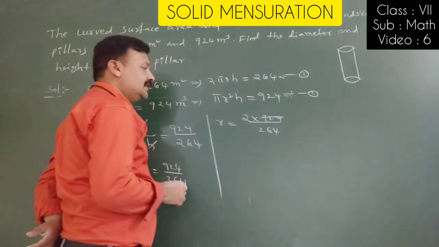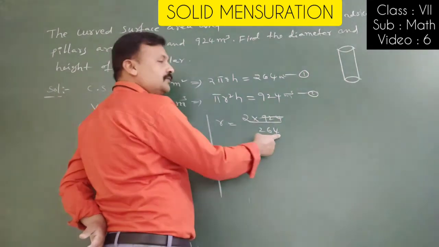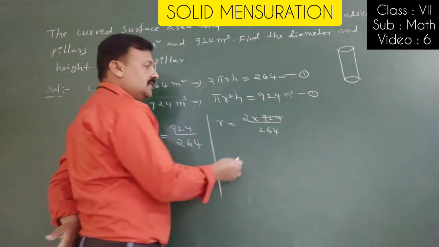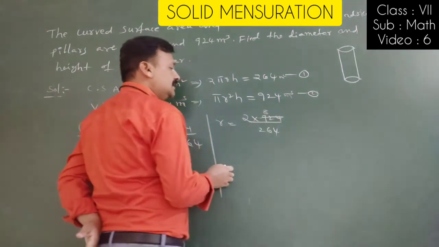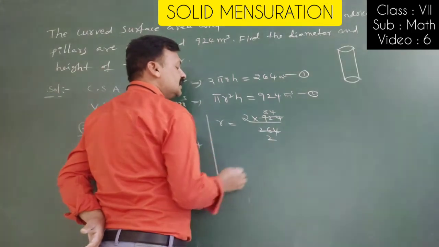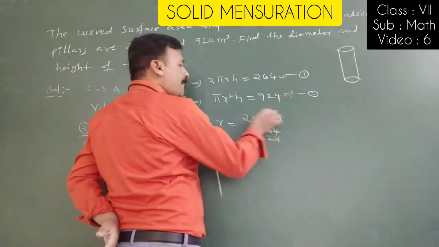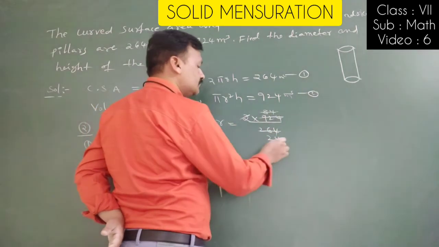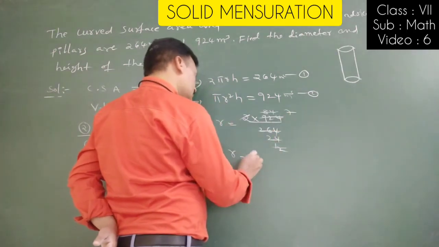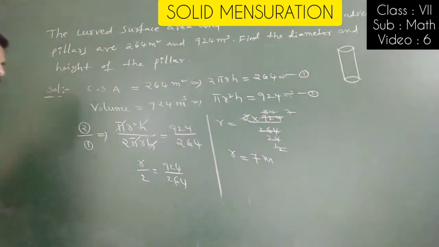If you cancel using the 11 table, alternate digit sum is equal, so it is divisible by 11. In total, r equal to 7 meters.